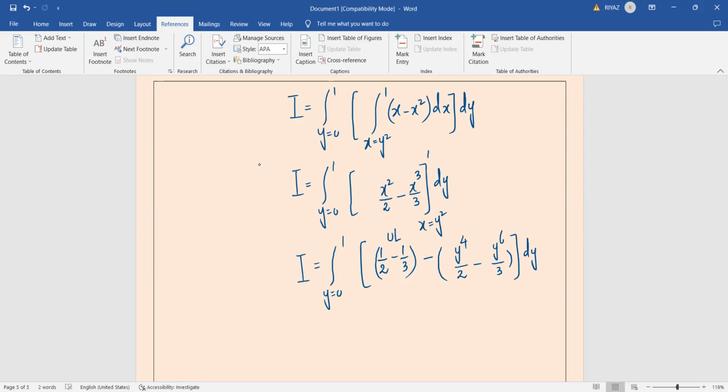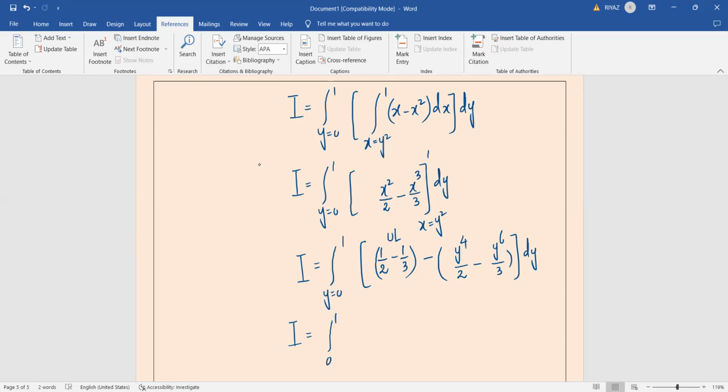Now these two are anyhow constant, we can take out also, and whatever is left after taking out is a function of y only, correct? So then we have to simplify this one. This together becomes 1 by 6. This together becomes 1 by 6. If you take the LCM and simplify, you will get 1 by 6, this is 0 to 1.